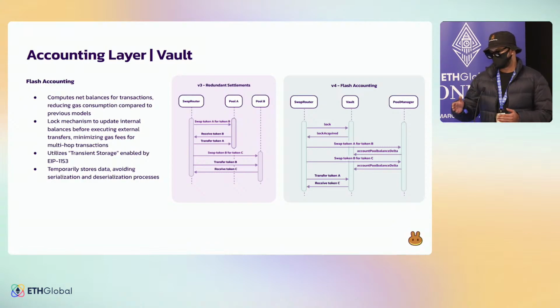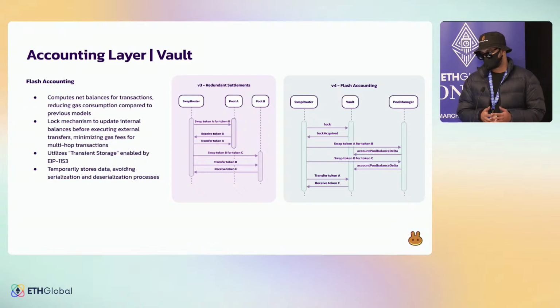And then at each of these sub-transactions, there would be a movement of token B, for example, from or to the pool, which changes in flash accounting, which is V4, where all of these transactions happen at once, and then the net balance is finally settled with the caller. So as you can see in V4, only 2 token transfers happen, which is the transfer of token A and the receipt of token C, while for V3 you can see that token B is received and then transferred again, right? So this leads to gas savings.